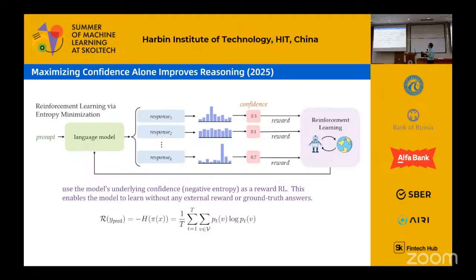Basically it computes the entropy: for each position you have the token probability over each token, so you compute the probability or the entropy of those tokens. Larger entropy means larger uncertainty, so it will try to reward those responses or actions with smaller uncertainty. By doing so, we don't really need any external reward.